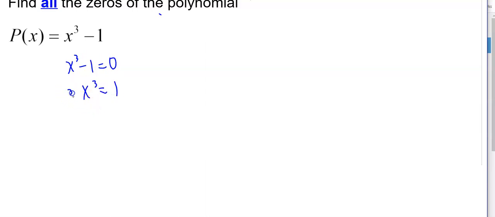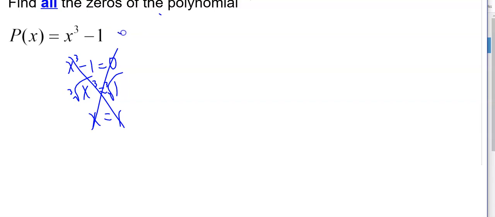Take the cube root of both sides, x equals positive 1. You only get the nice rational solution. You don't get the imaginaries if you just solve it that way.